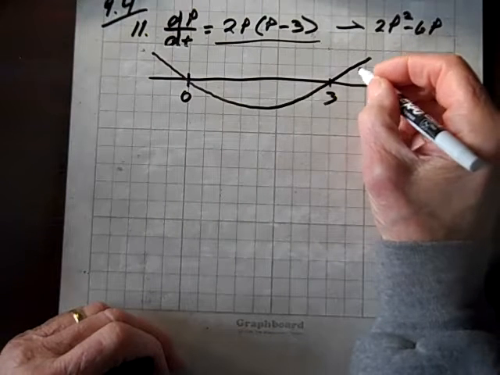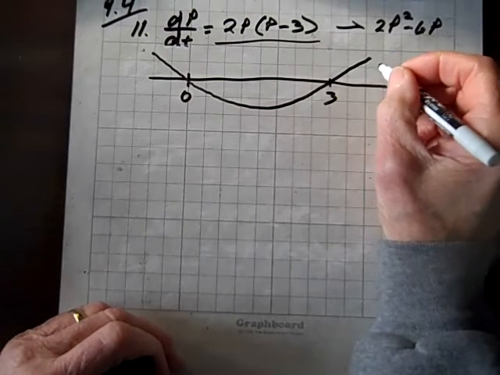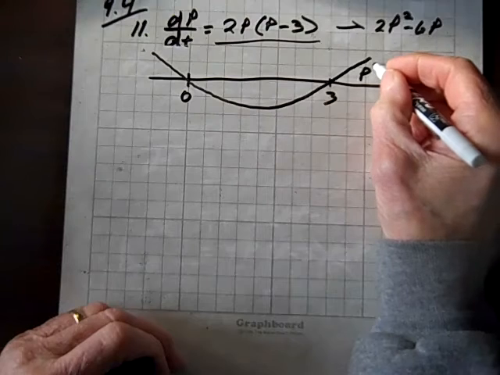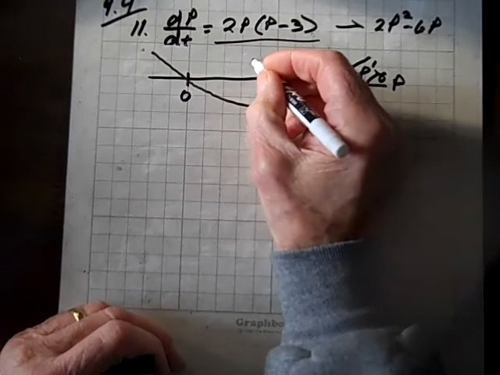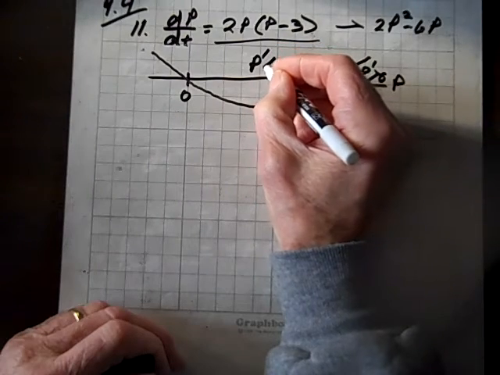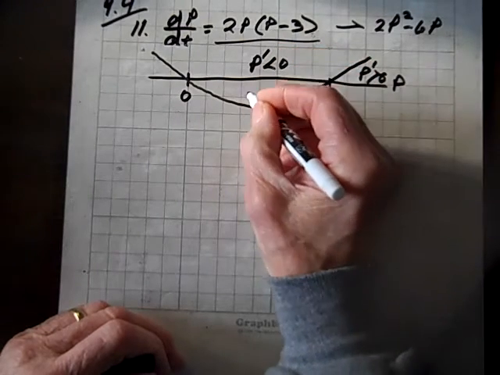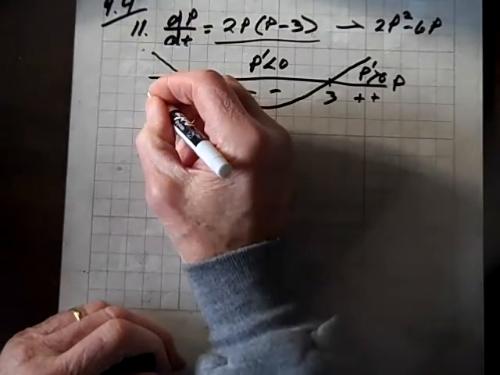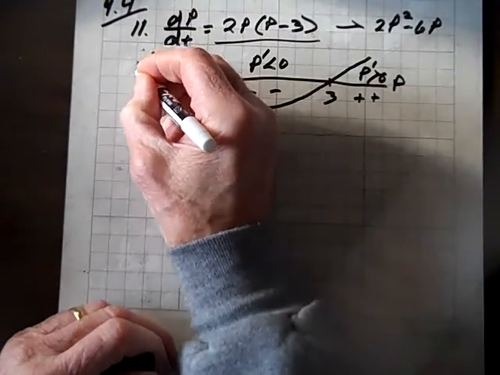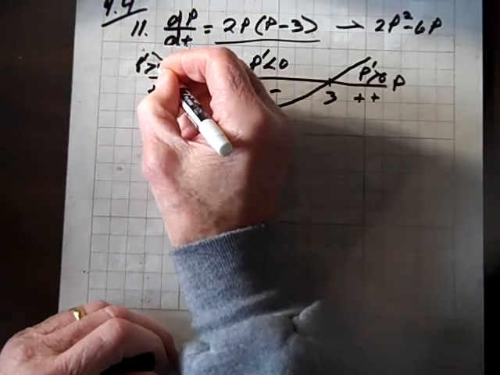And anyhow, so here P prime is greater than 0. Here P prime is less than 0 because we're below the P-axis, and here P prime is greater than 0.